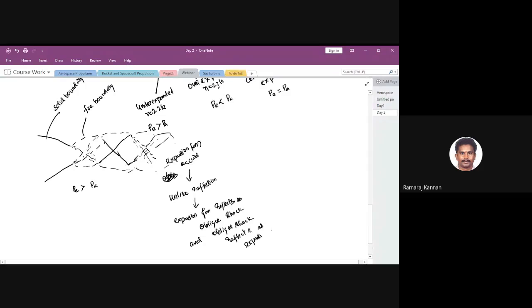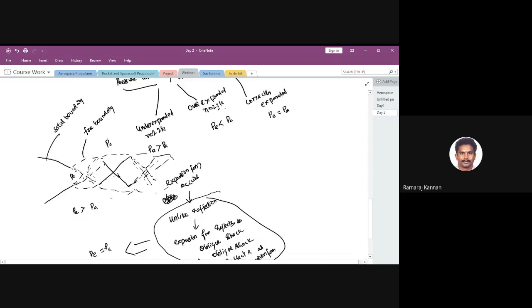This unlike reflection is going to continue until your PE changes to PA. Whatever pressure is prevailing outside is PA, and here your PE is going to change to PA.